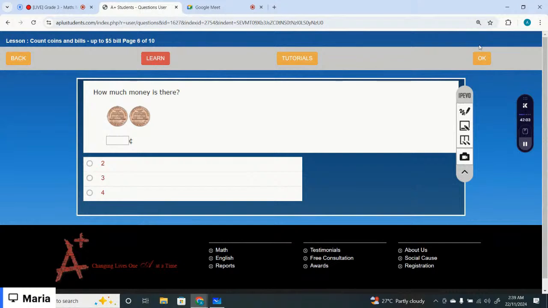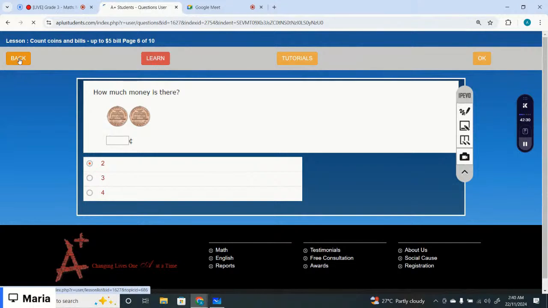How much money is there? Which is the correct option? That is 2 cents. Option number 1 is the correct option. Okay, you can complete the lesson by yourself later today.